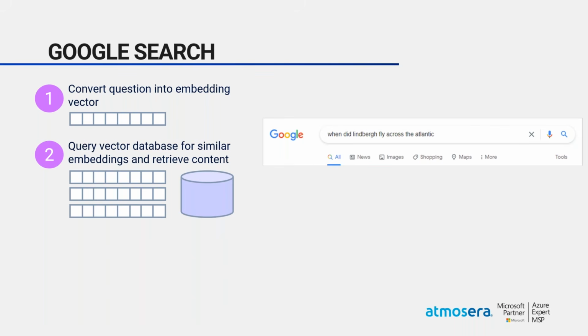Now, if you've never heard of a vector database before, a vector database is one that is specifically built to store embedding vectors and the text that is associated with them. If we have billions of embedding vectors that we've generated from billions of web pages, we can drop all of those into a vector database.